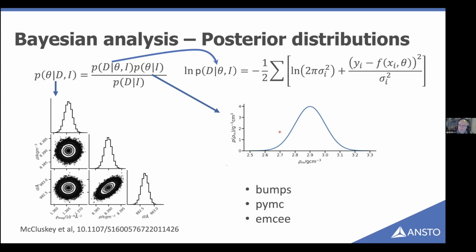The term in the denominator is called the evidence, and that's the probability of seeing the data given the model. So that's basically the entire probability of the modeling system, and it's the normalizing term for this product, or sum in log space, on the right-hand side of the equation.